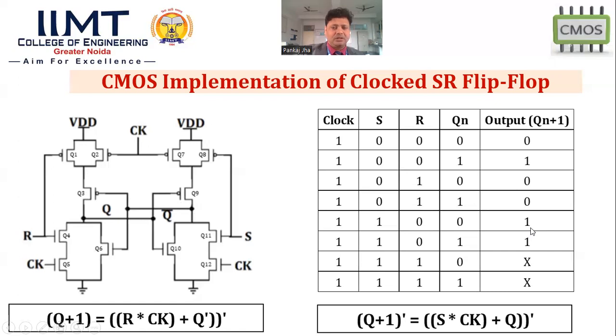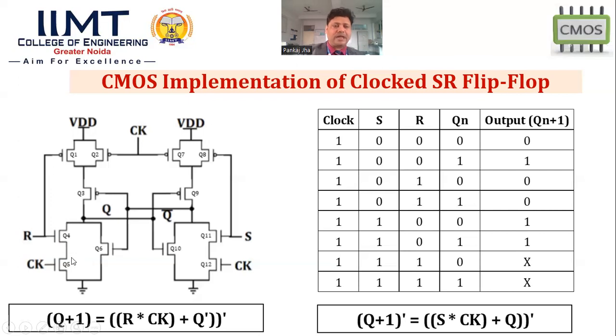One last condition I will discuss, in which we are getting an invalid condition. Here I have represented it by don't care. Let's suppose R is 1, clock is 1, S is 1, clock is 1. Both transistors Q11, Q12 will be in saturation mode.